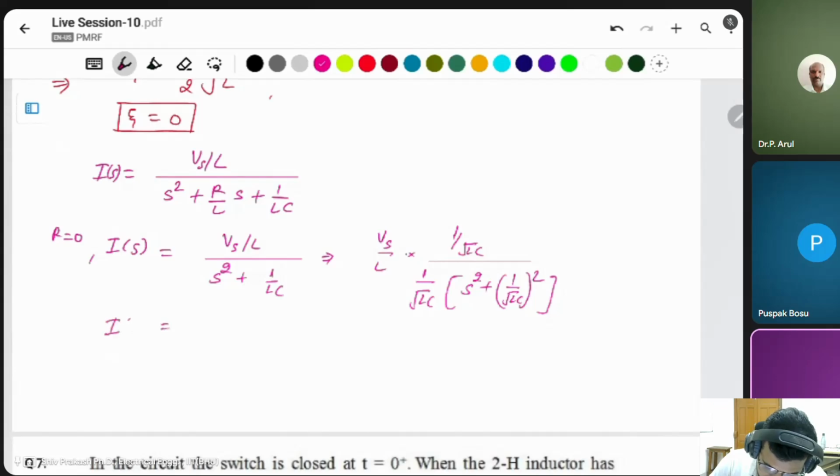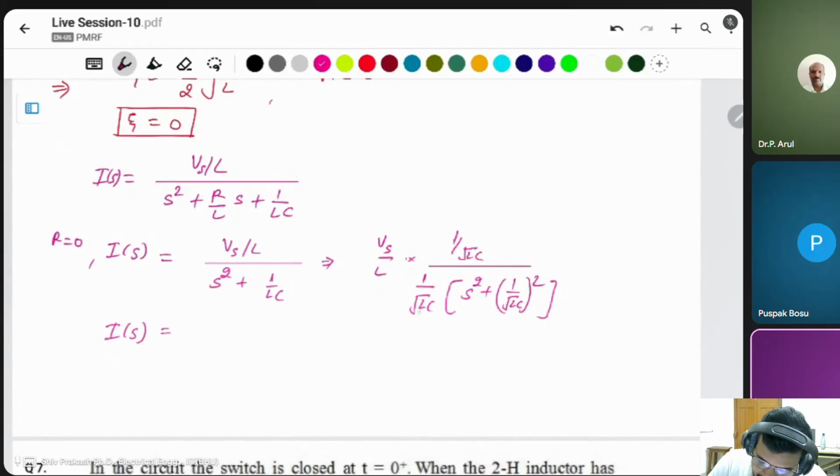Then what is the Is? Vs by L times 1 by LC goes to the upper side as root of LC, so this will be 1 by root LC.